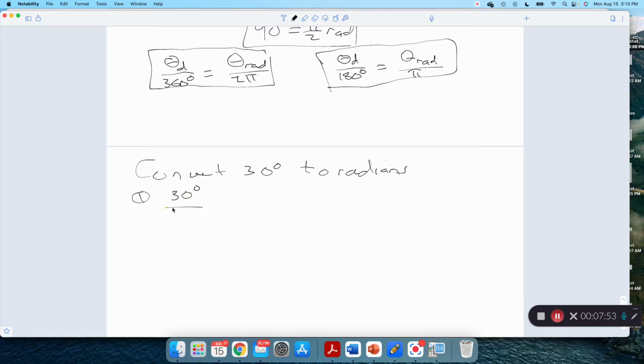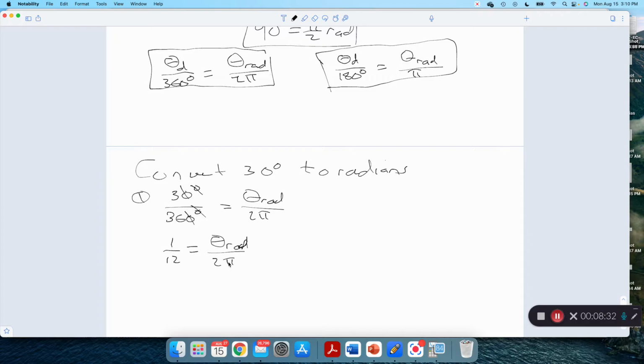30 degrees out of 360, I'm using this proportion right here, is my angle in radians out of 2 pi. So I could do a little canceling here that's going to make my life a lot easier. Cancel the degrees. I could even cancel the 0. 3 goes into 36 12 times. It says RAD right there, angle theta in radians.